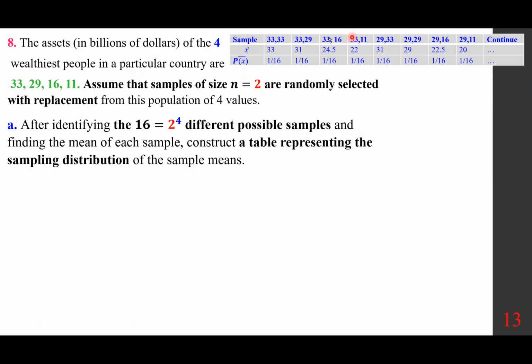This is the first. Then you go to the next number, 29 with 33, 29 with 29, 29 with 16, 29 with 11. And then you continue 16 with 33, 16 with 29, 16 with 16, 16 with 11, and you do the same thing with 11. That's how you get this.